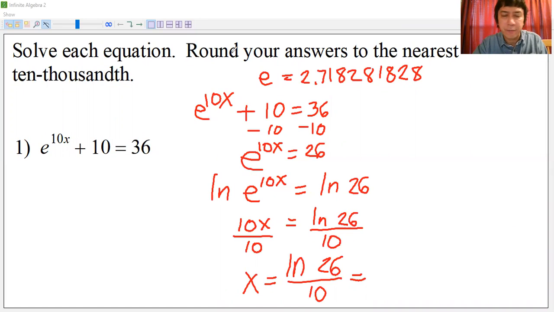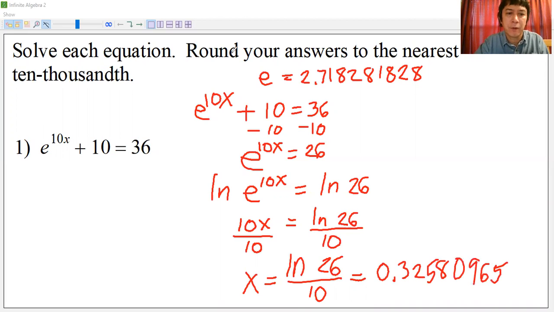And the computed value is 0.325809653. All right, we're supposed to round our answer to the nearest ten-thousandth. That means 4 numbers after the decimal point.